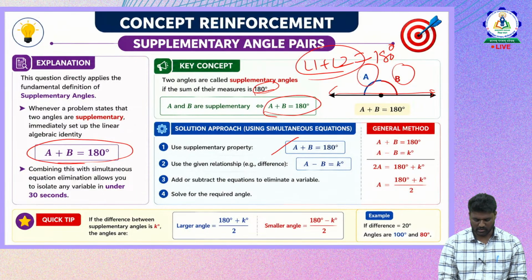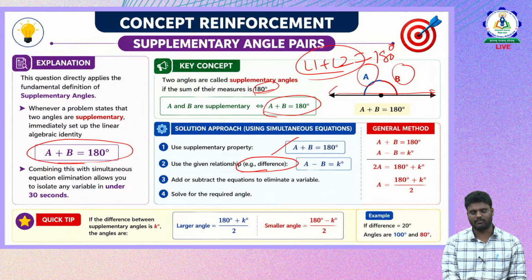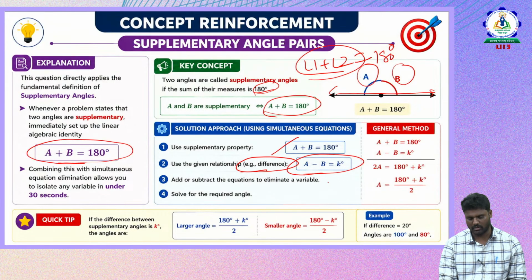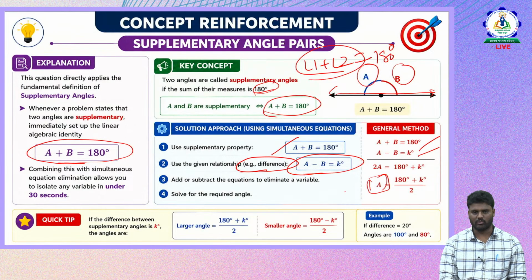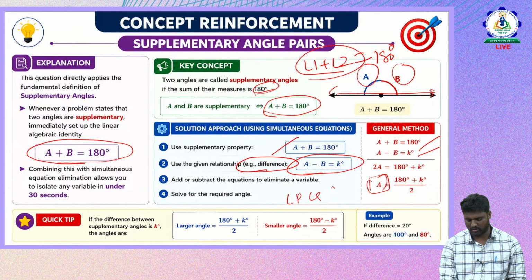Now let us see. Whenever they ask you to identify the difference of given supplementary angles, we use A minus B is equal to K degrees, along with A plus B is equal to 180 degrees. When you simplify, we get the required angle, either angle P or Q or angle 1 or angle 2.